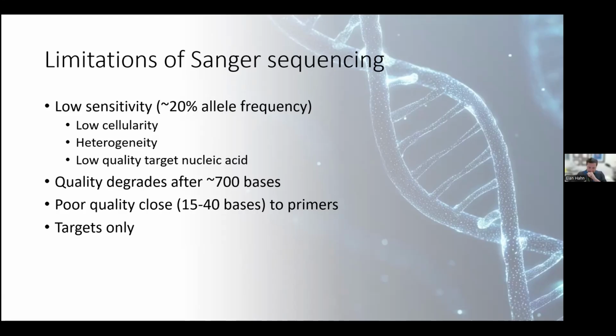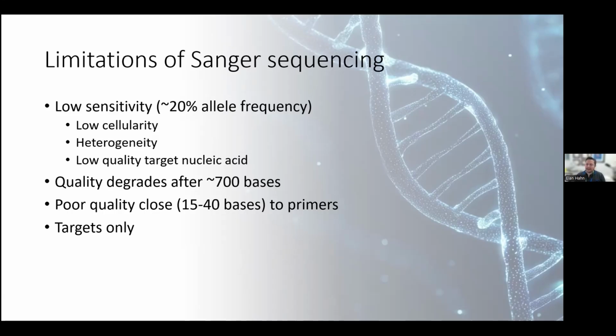So all of these reasons make the choice of Sanger sequencing in those cases suboptimal. Quality tends to degrade after 700 bases, and there's poor quality close to the primers. So primer selection for areas of interest is very important. And you're really only sequencing your targets very specifically.